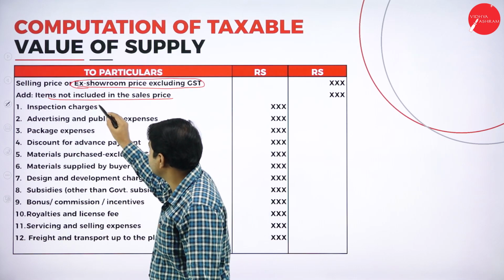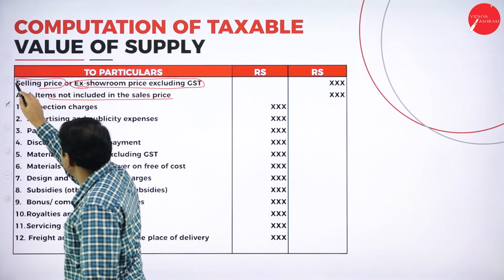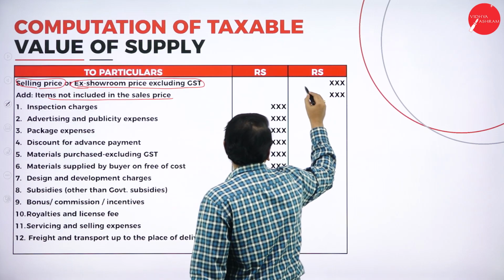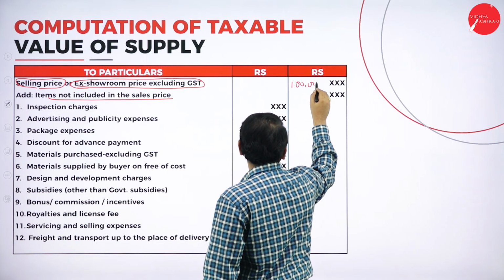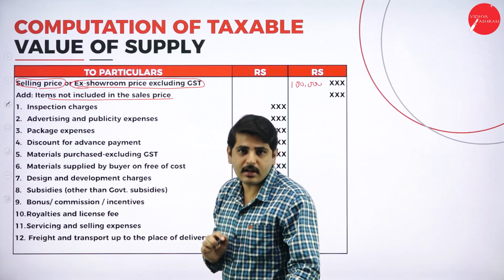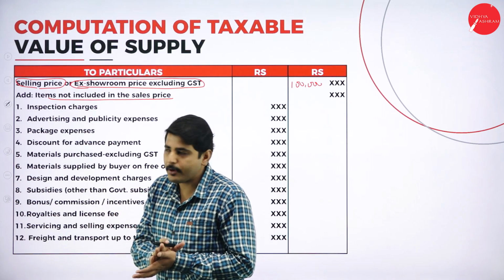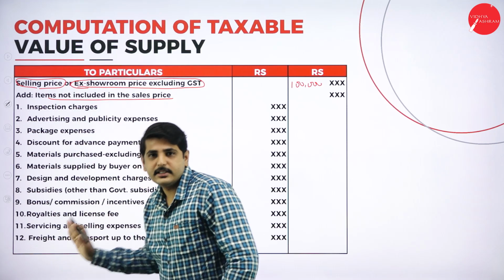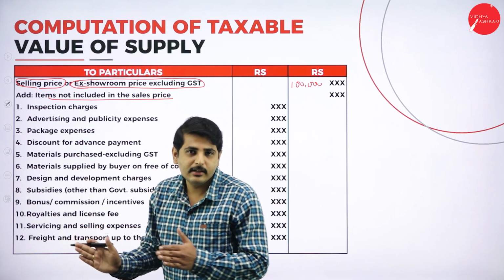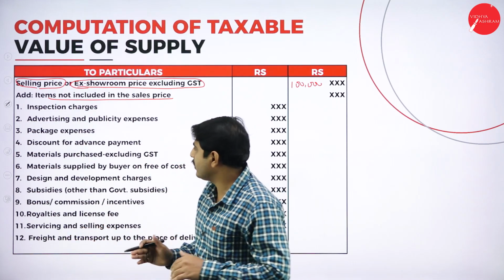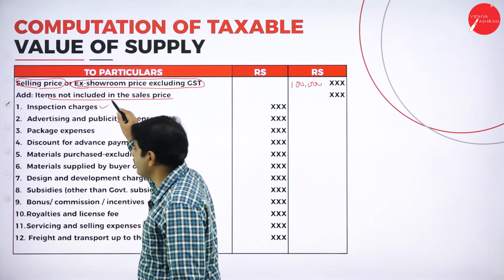First one, what is the actual selling price? For example, let's take 1 lakh rupees. That is the actual production cost of the product. After production cost, there are other charges included in the process of transaction. What are those? First one, inspection charges at the port.